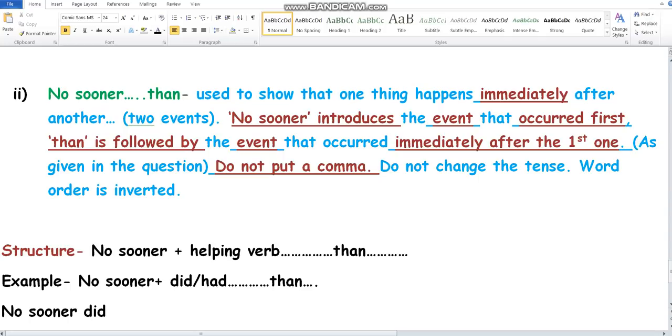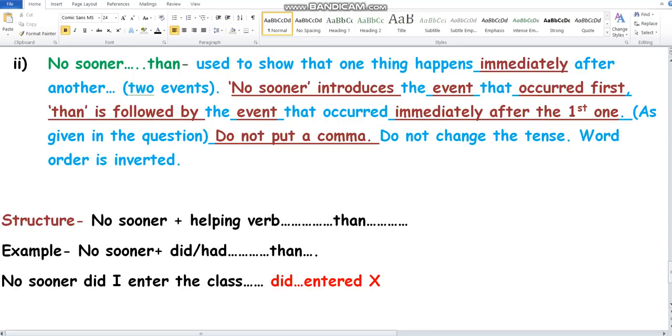No sooner did I enter the class. You cannot write no sooner did I entered the class. It will be wrong. But if you're writing had, no sooner had I entered, because this rule we follow with did, not with had. So this will be correct: no sooner had I entered, but no sooner did I enter.